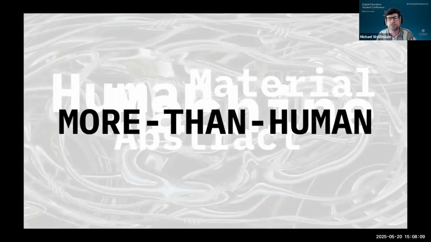So this presents limitations if you are to really acknowledge the complexity of the entanglement of relations between human, non-human, material, and abstract entities, all entangled with notions of machine learning, educational practice, and ethics, through which these conceptualizations of learning arguably emerge. So it was really a key aim of this project to move beyond these limitations and find ways to explore this entanglement of more than human components.